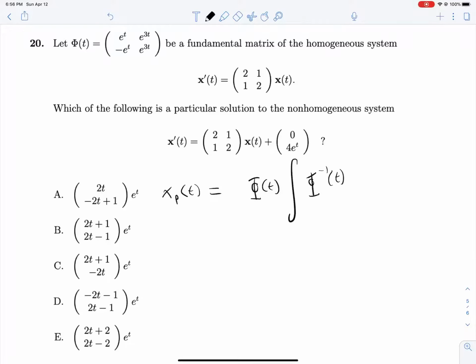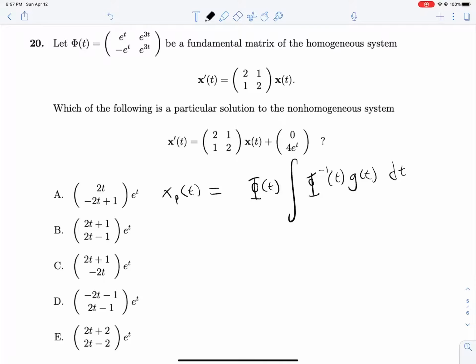I'll call that g of t, dt. And if we solve this, we will have our solution. So we already have phi of t. We're going to need phi inverse of t.